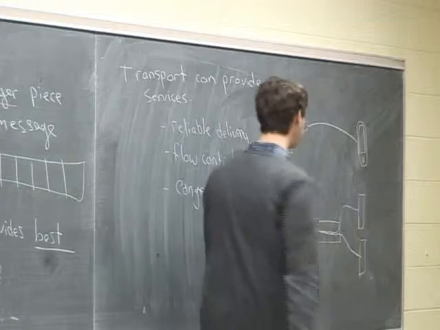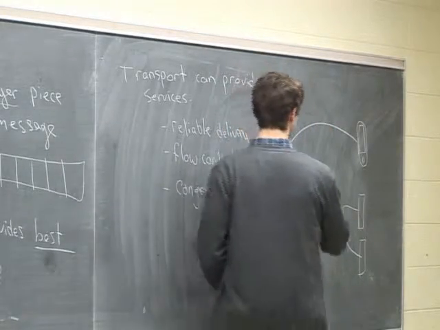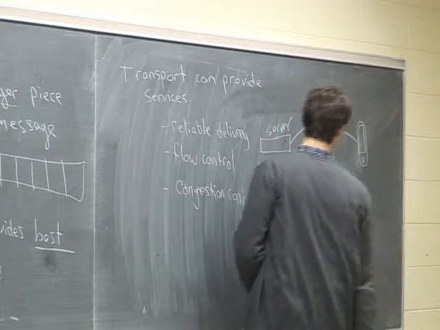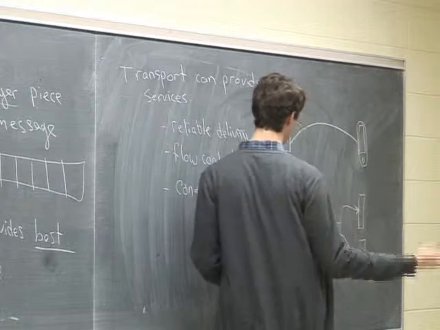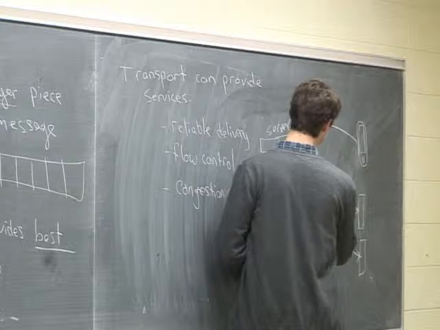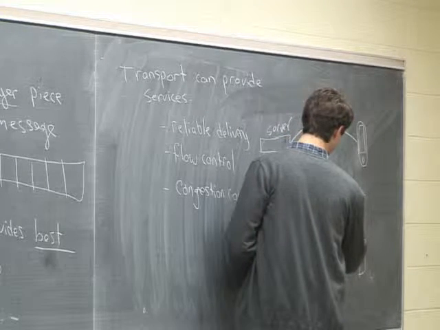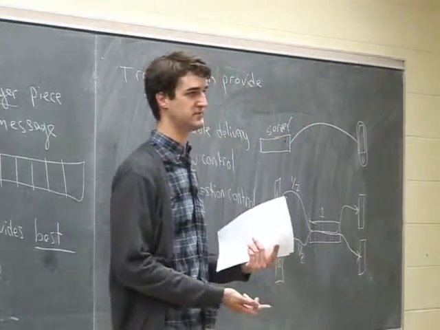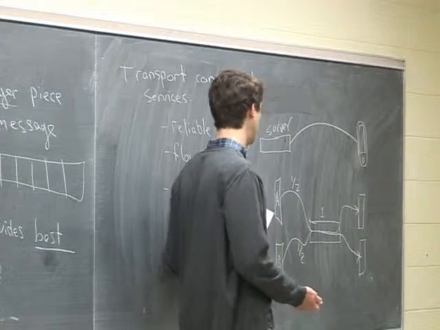So this link's shared. Now ideally, let's say the flows are going this way. Each of these PCs should get half the bandwidth of this channel, right? If, let's say, the bandwidth of this is 1, then they should each get half of the capacity. And this is what congestion control provides.